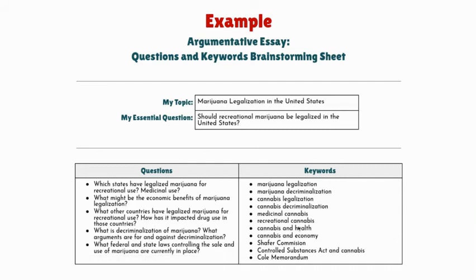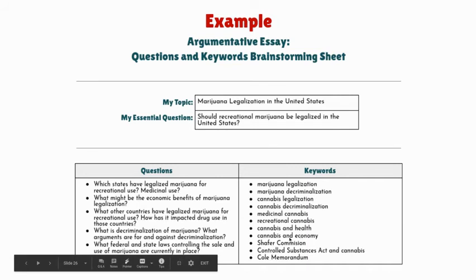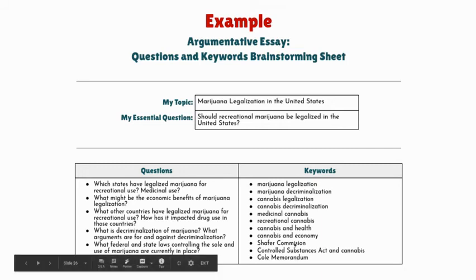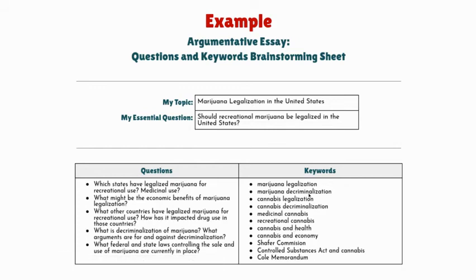And then I even looked back at my questions and I was like, oh, I could do cannabis and health and cannabis and economy. Maybe those would pull up articles specific to those topics. And then I also added those three pieces of legislation. And I could probably continue doing this for a while, going through that entire Wikipedia article and brainstorming some ideas.